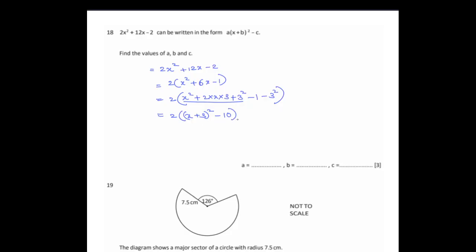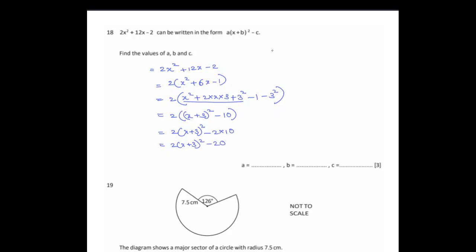Now we got almost this kind, but c should be separated out of the bracket. So now multiply this, bring this 2 together, 2 into x plus 3 whole square, then bring this 2 and 10 together, 2 into 10. So it will be 2 into x plus 3 whole square minus 20.